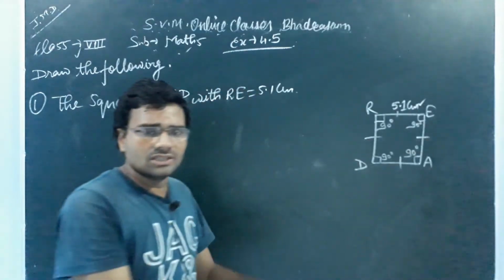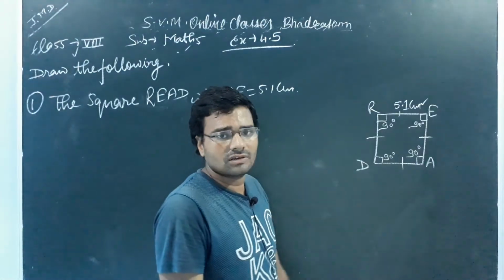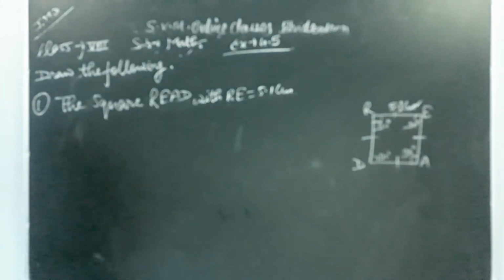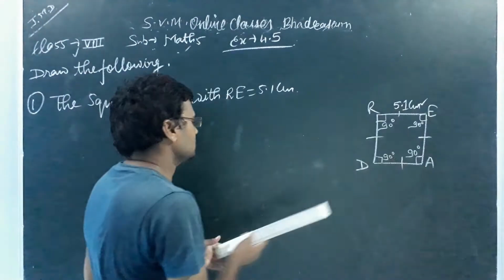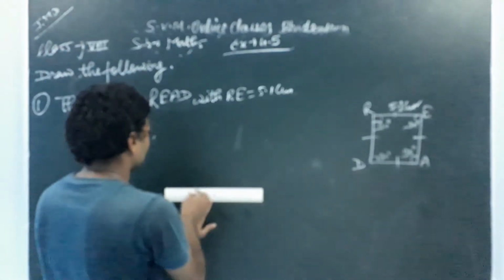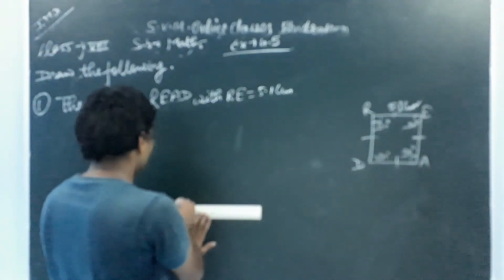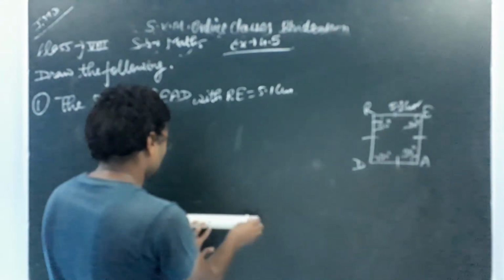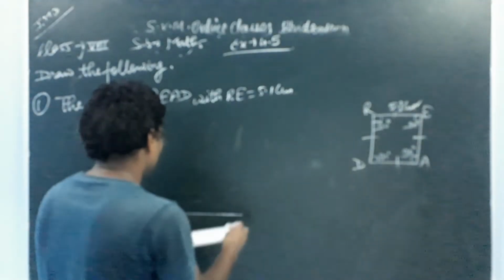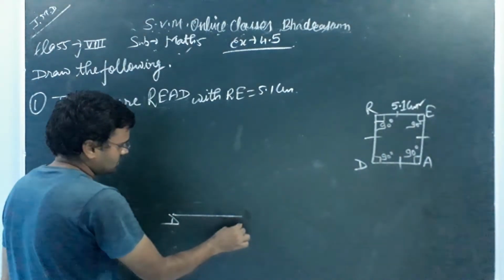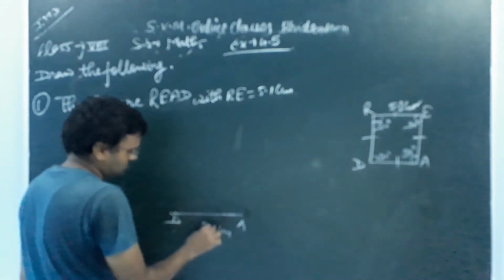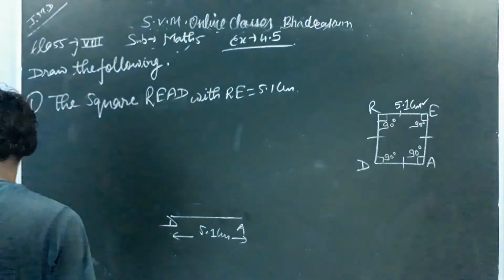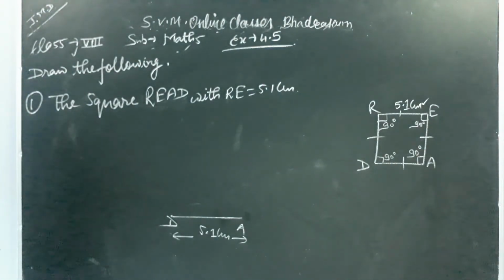So first I am going to draw this side, which is DA, and our DA is 5.1 centimeter.